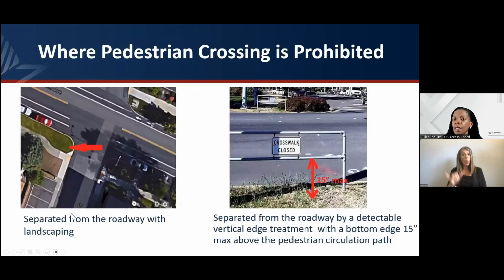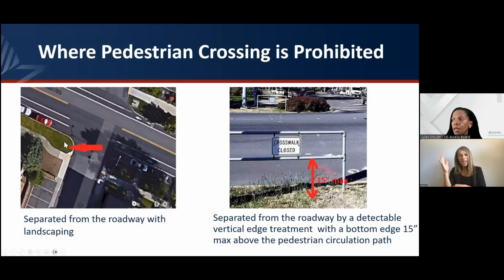What that looks like is, the image on the left, you have a sidewalk running parallel to Main Street there, but crossing is not allowed across that main street. And you can see where the arrow is pointing. The pedestrian circulation path is separated from the roadway with landscaping.